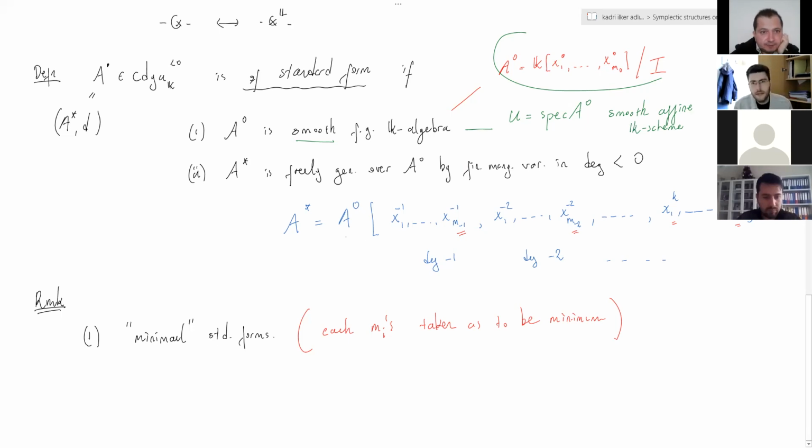Actually, yeah, there are some degree 0 terms here, right? There are some generators also here. And we just consider, if you like, you can consider these variables as well, but this thing is freely generated over A0. Okay. Then isn't x1 to the power of -2 already contained when we write x1 to the -1?